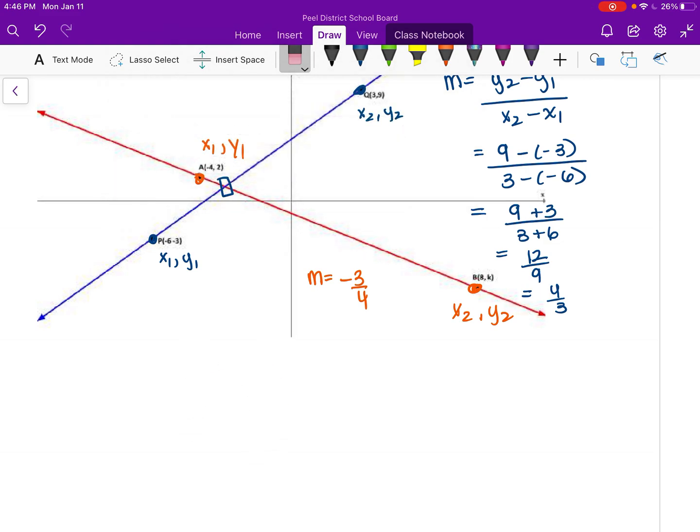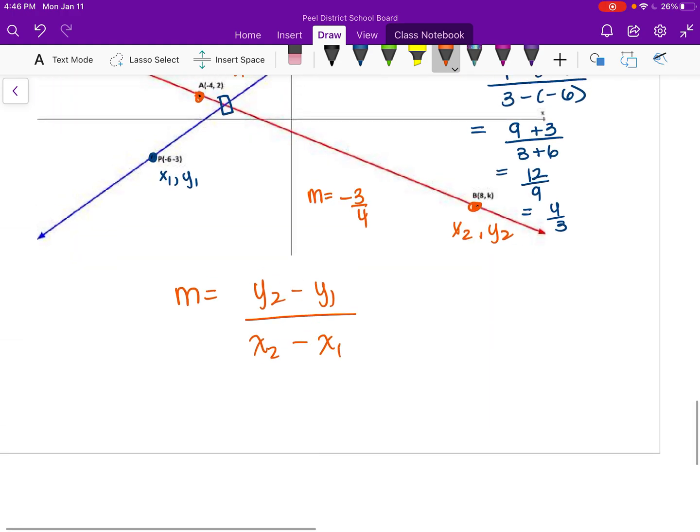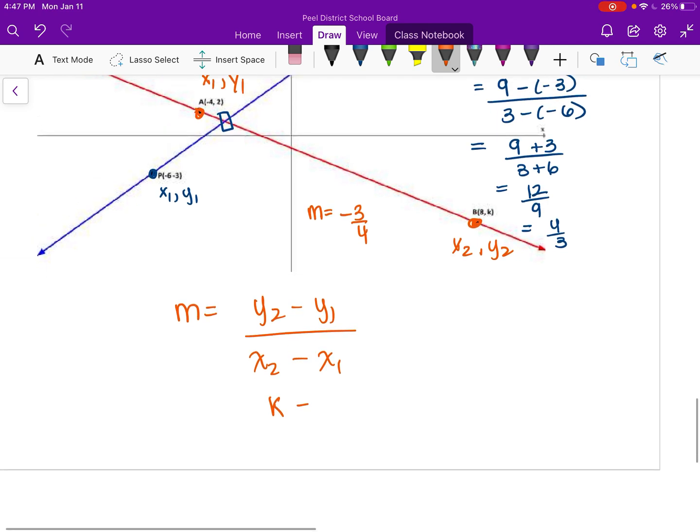So I'm going to say, okay, slope is equal to rise over run, which is the same thing as saying y2 minus y1 over x2 minus x1, right? So let's put in our numbers. So I know y2 is k minus 2 over 8 and negative 4 is equal to, and our slope is negative 3 over 4.